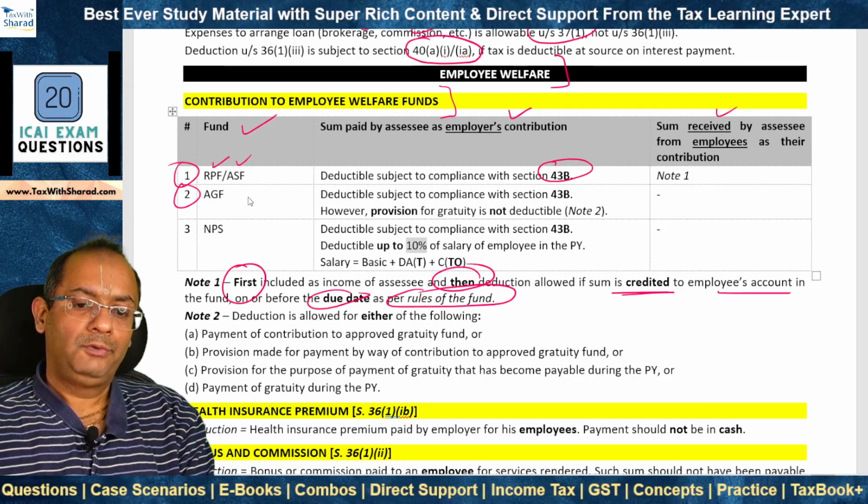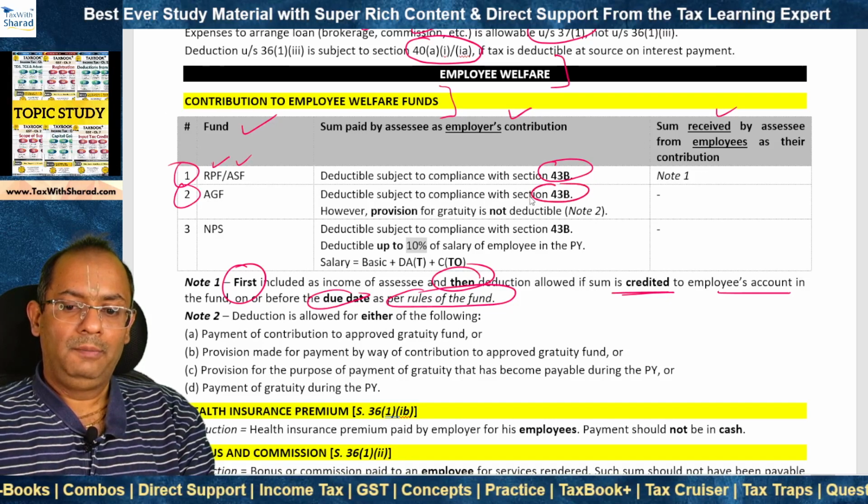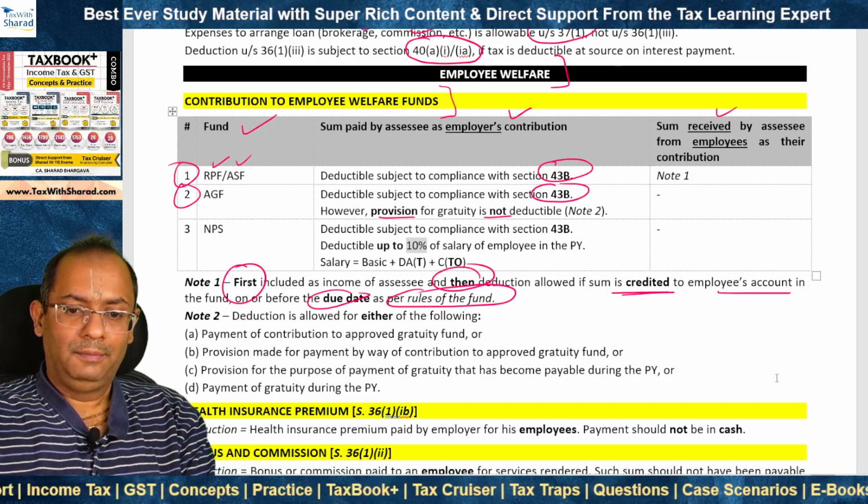Second, approved gratuity fund. Employer's contribution is deductible subject to 43B compliance, but provision for gratuity is not deductible.